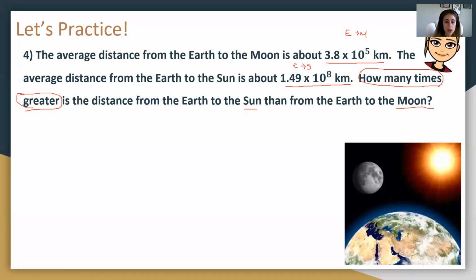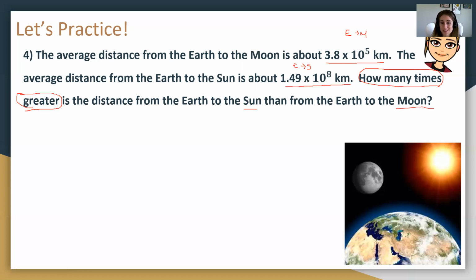So now that we've recognized division, it's important to know which number is first, which is our numerator and which is our denominator. Well, it tells us right here, I want to know how many times greater the distance from the sun is than the distance from the moon. So the sun goes first, that's our numerator.